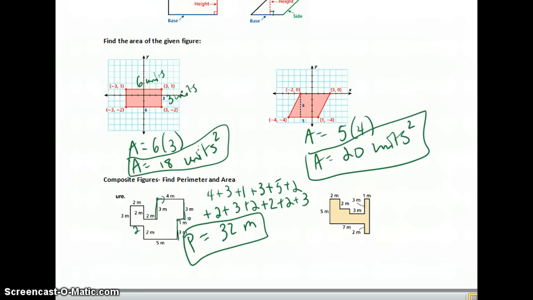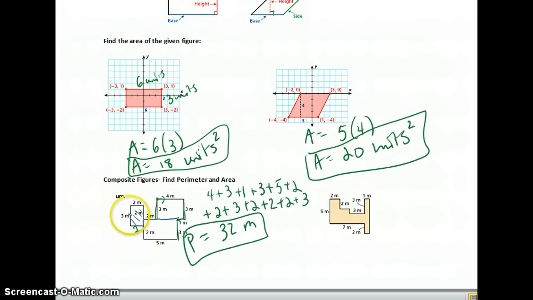If we're going to find area of this figure, we have to break this figure into pieces. Okay, so instead of looking at the entire figure, we're going to say, let's just look at this portion, and then let's also look at this portion. Okay, this makes it just a little bit easier. We can find the area of each of these figures very easily.